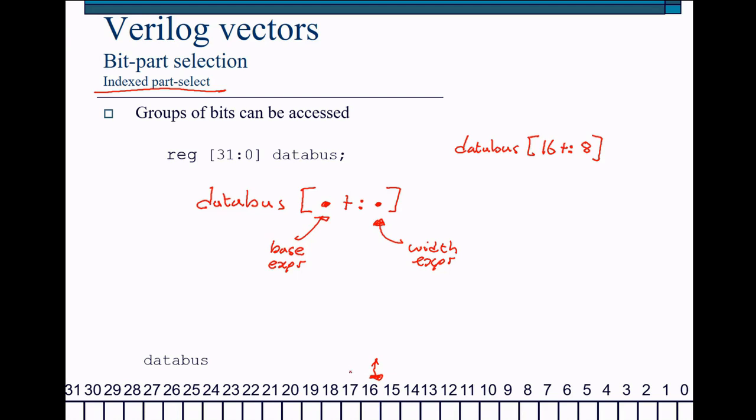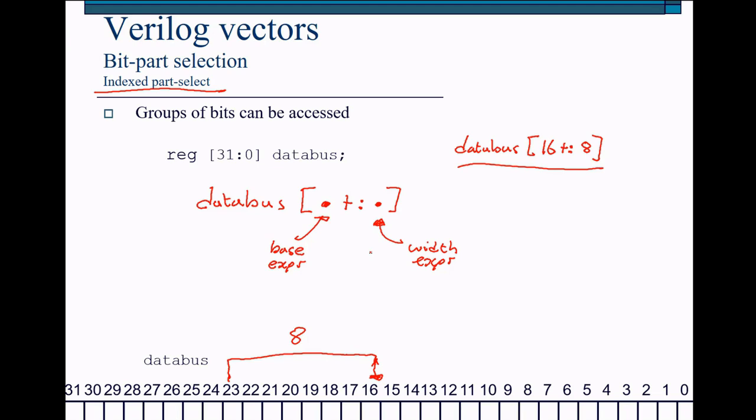What we do with the index part select is take our base position and count out 8 bit positions starting from the base. So that brings us up as far as 23. So this group of 8 bits is accessed using the index part selection shown here.